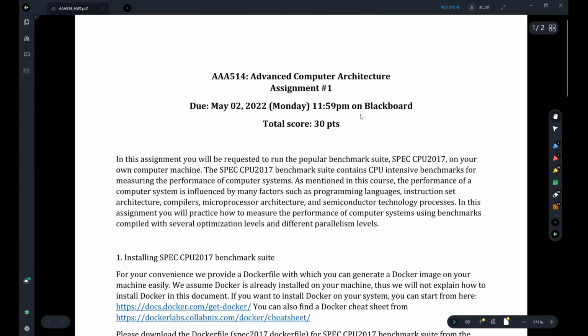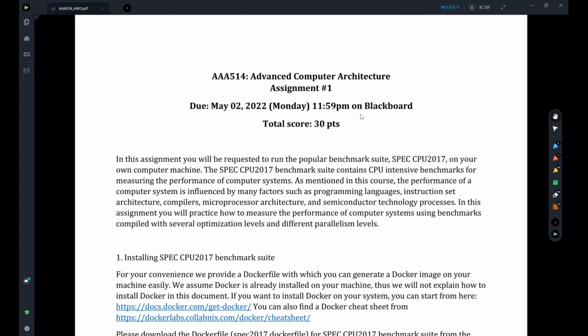Your task is to run a SPEC benchmark and compute the SPEC score on your own machine. The benchmark score will be different for different machines.